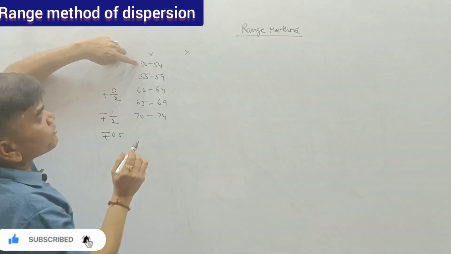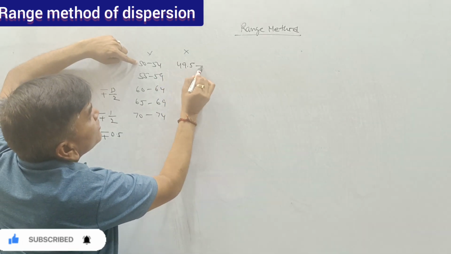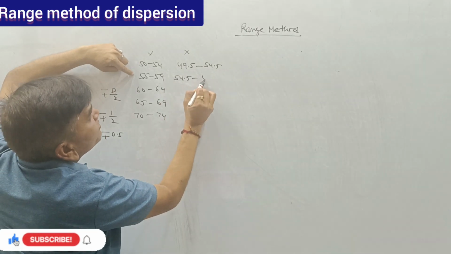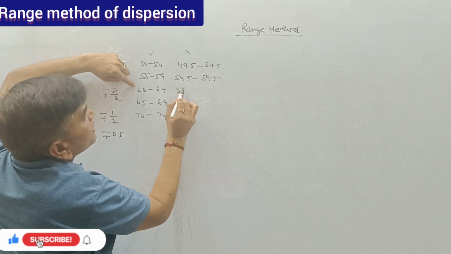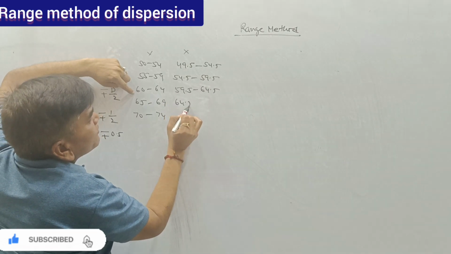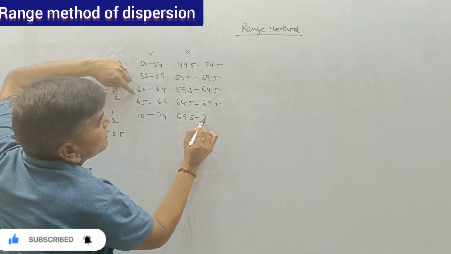So we will deduct 0.5 from the lower limits and add 0.5 to the upper limits: 49.5 to 54.5, then 54.5 to 59.5, then 59.5 to 64.5, then 64.5 to 69.5, and then 69.5 to 74.5.